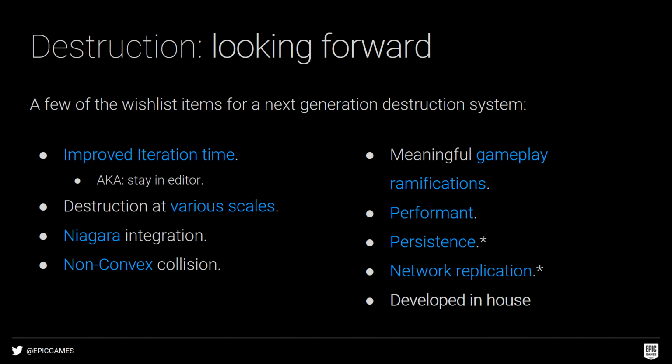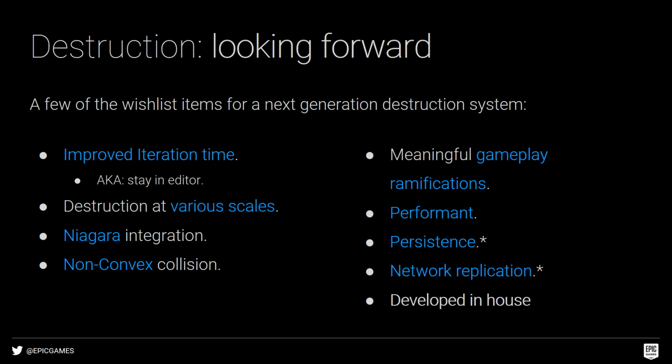You can do some pretty amazing things with Niagara, so we believe that's how you're going to really be able to take your destruction to the next level. Non-convex collision. Collision's always a sticky issue. All of my artist friends that have had to author collision shells for years know what an issue that is. So having a way to automate that and do non-convex collision was a big deal.